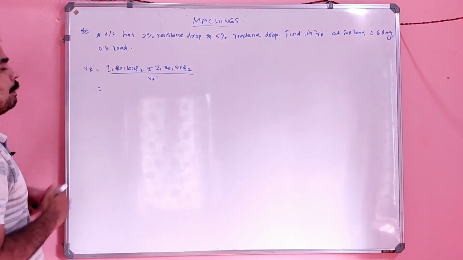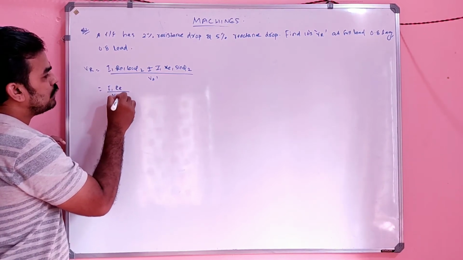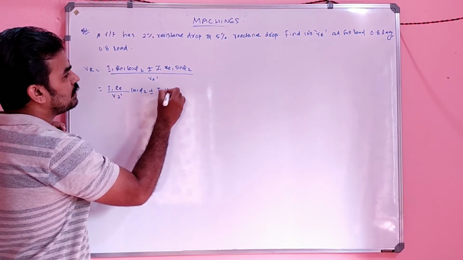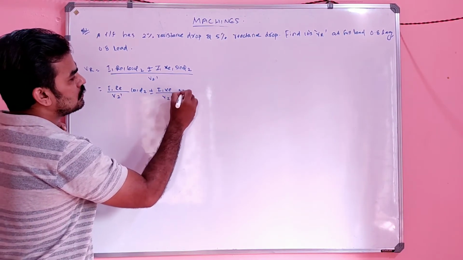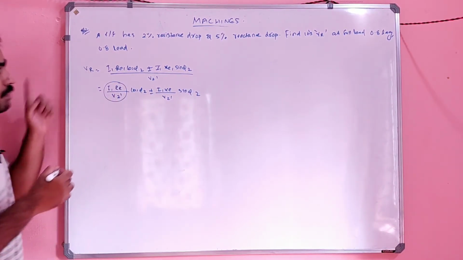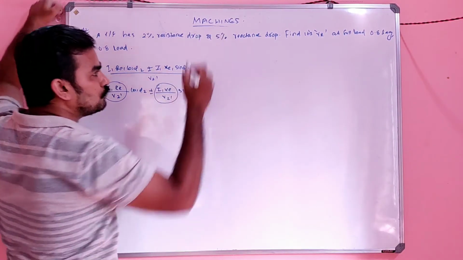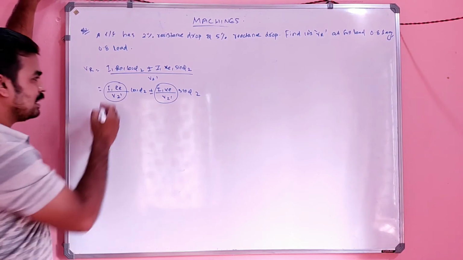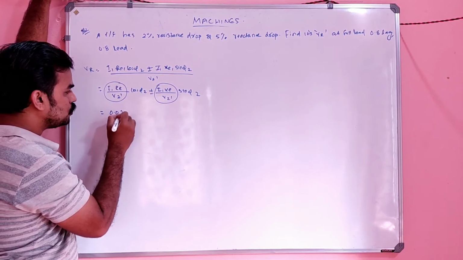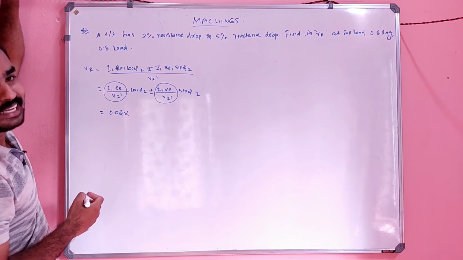That means this I1 RE1 divided by V2 dash cos phi 2 plus or minus I1 XE1 divided by V2 dash sin phi 2. This is nothing but the given value of 2% and this is the given value of 5%. So 2% means 0.02 cos phi 2, and cos phi 2 is 0.8 lag.